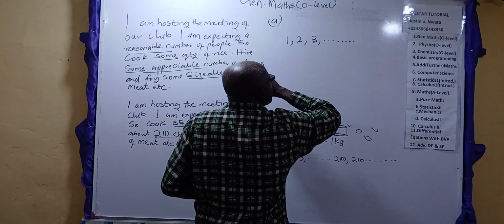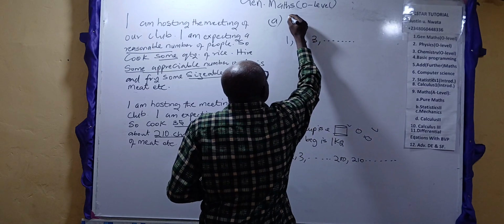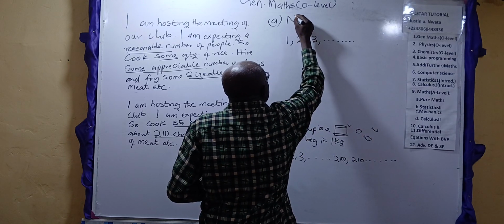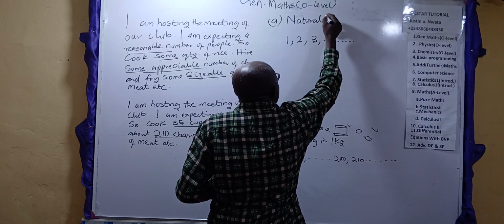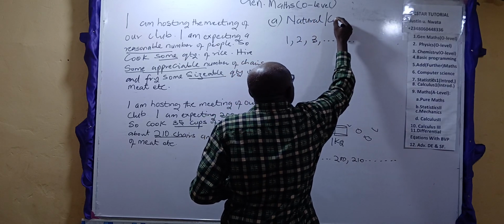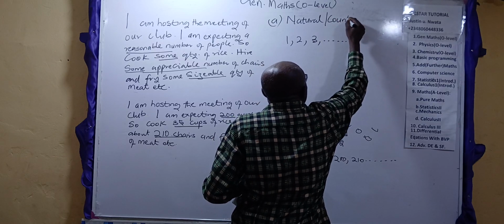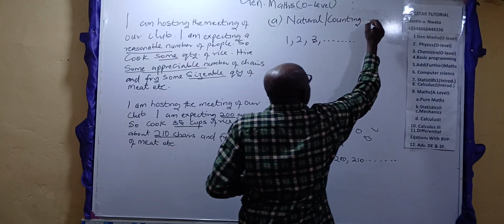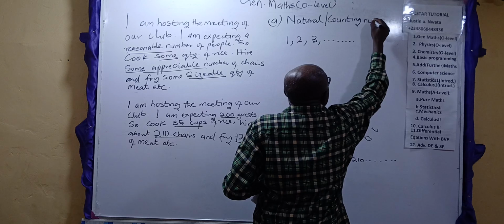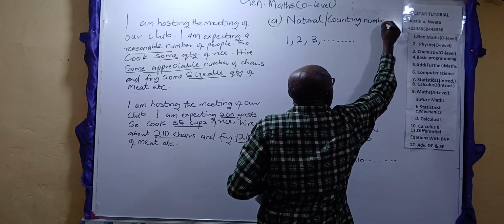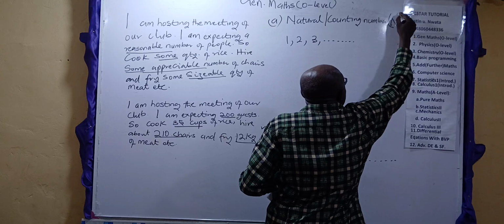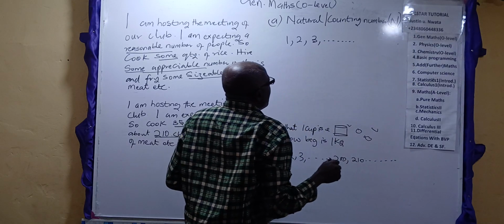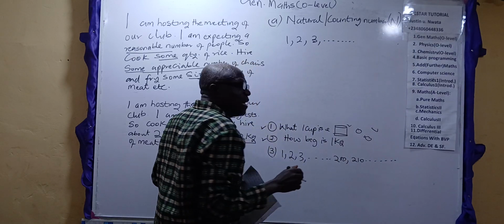He called this natural, or call it counting numbers. You use a big N to represent it. This was introduced by Galileo Galilei.